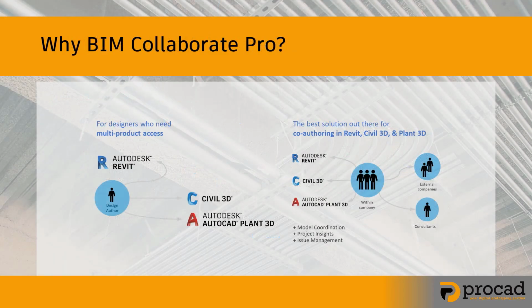BIM Collaborate Pro is great if your team uses more than one design authoring tool, such as between Revit, Civil 3D and Plant 3D. And even if you don't use workflows that require a common data environment or more than one design tool, it's likely that your extended project teams, the ones you collaborate with, still do.